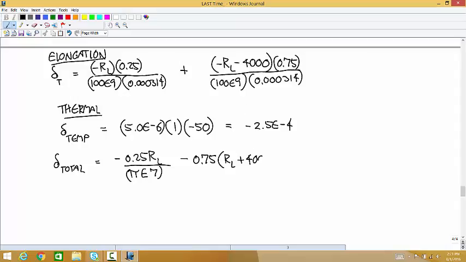I already pulled the negative out. Over pi times 10 to the 7. Minus 2.5 times 10 to the minus 4 is equal to 0.